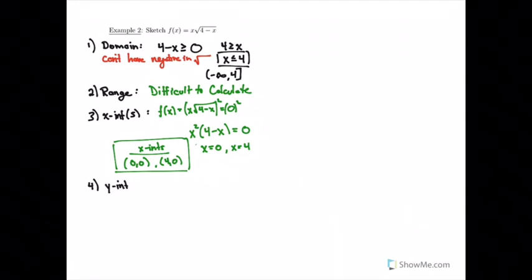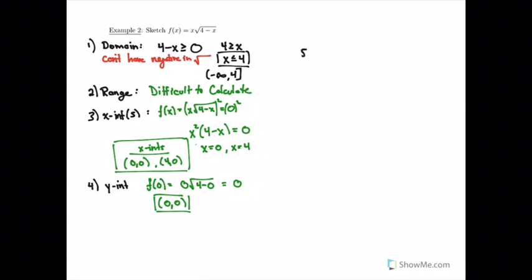Again, to find this, we are going to plug in 0 to the function, and this will just give us 0. We sort of already found that, as we know that x equals 0 is an x-intercept, so the origin is also going to be a y-intercept as well.